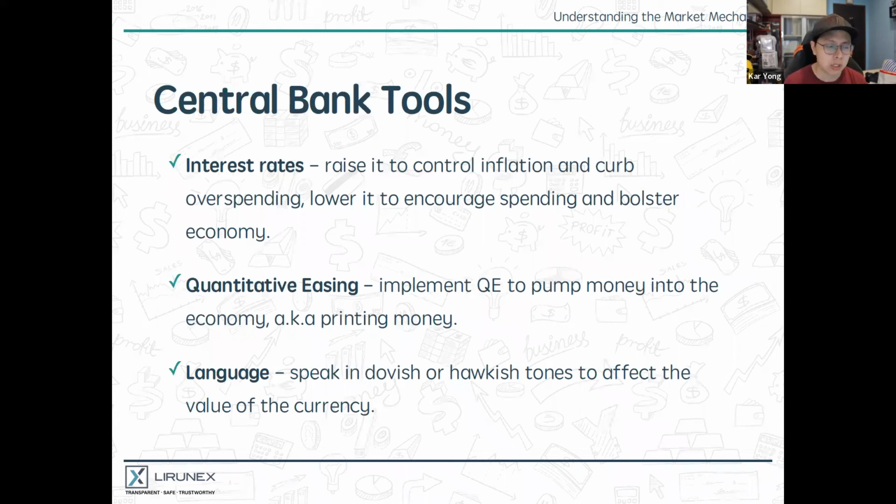The difference between language, interest rate, and quantitative easing or monetary policy is that language itself is basically just based on words, right? But because it's coming from someone who is pretty important, the market believes what this person says.